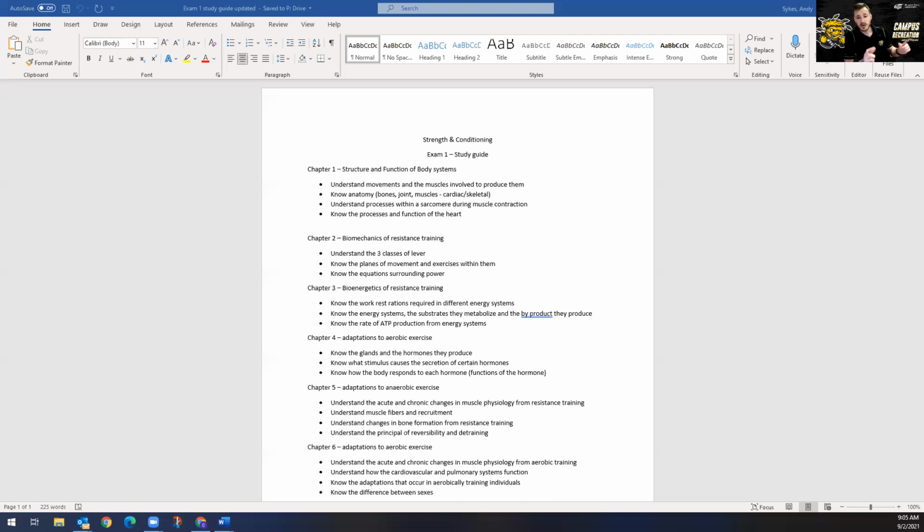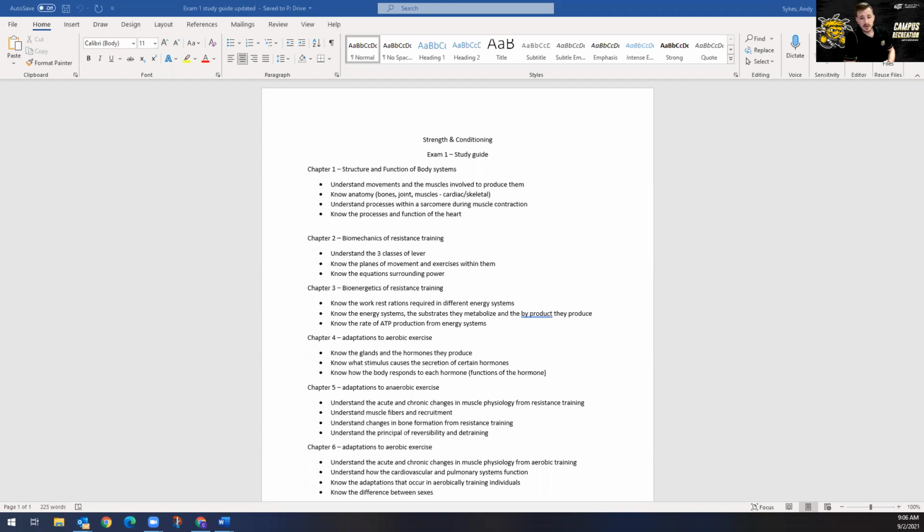Looking at a sarcomere, looking at your actin and myosin and the cross-bridging as they contract. Know the H lines, the Z lines, the A bands, and how a muscle actually contracts as it gets the nerve impulse, the release of acetylcholine, the neurotransmitter, through the sarcoplasmic reticulum, getting the excitement of that muscle, and the actin and myosin cross-bridging and closing that sarcomere, so that shortening occurs. Know how that occurs, but that shouldn't be too new to a lot of you.